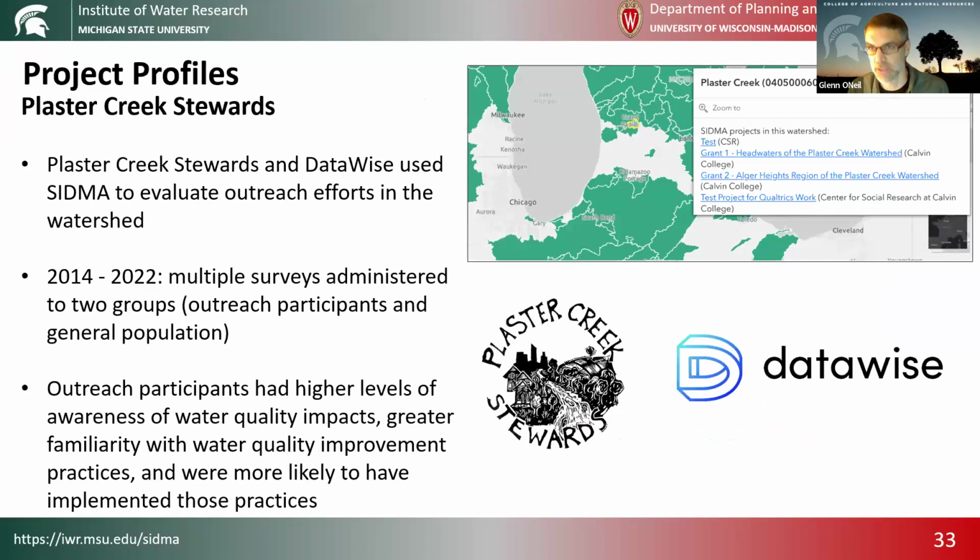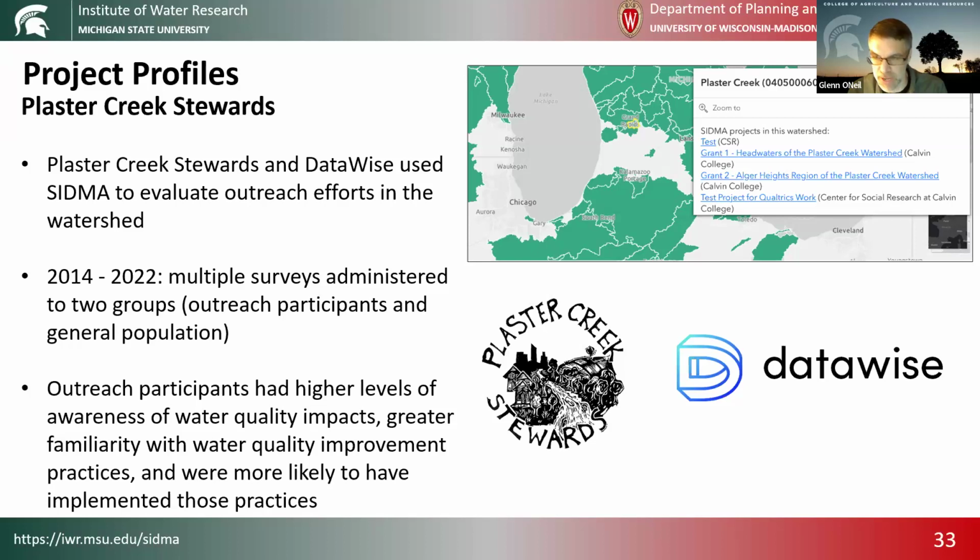Another project, another Michigan one, was the Plaster Creek Stewards Project. This is near Grand Rapids in the Grand River Basin. The Plaster Creek Stewards and DataWise, a data analytics company, used SIDMA to evaluate outreach efforts in the watershed. From 2014 to 2022, they administered multiple surveys to 2 different groups, people who participated in their outreach activities and the general population.